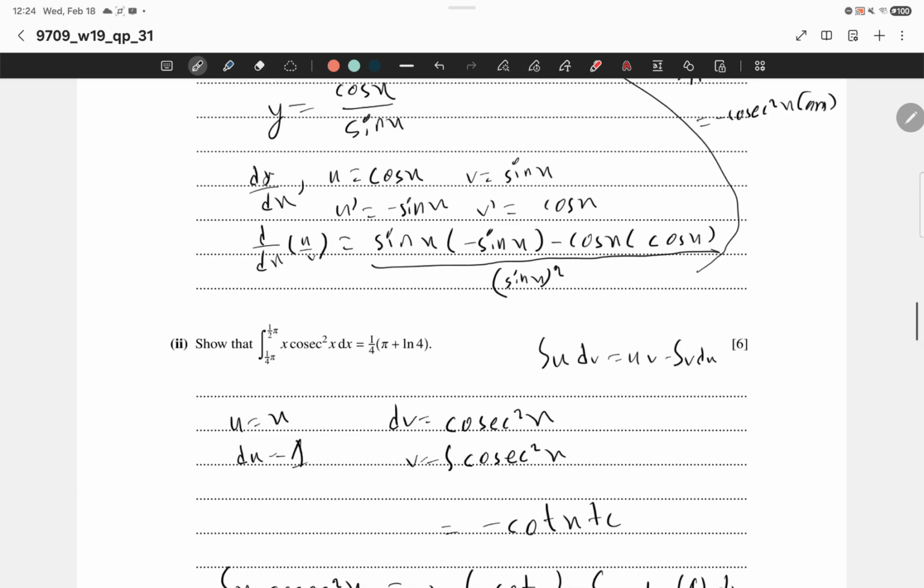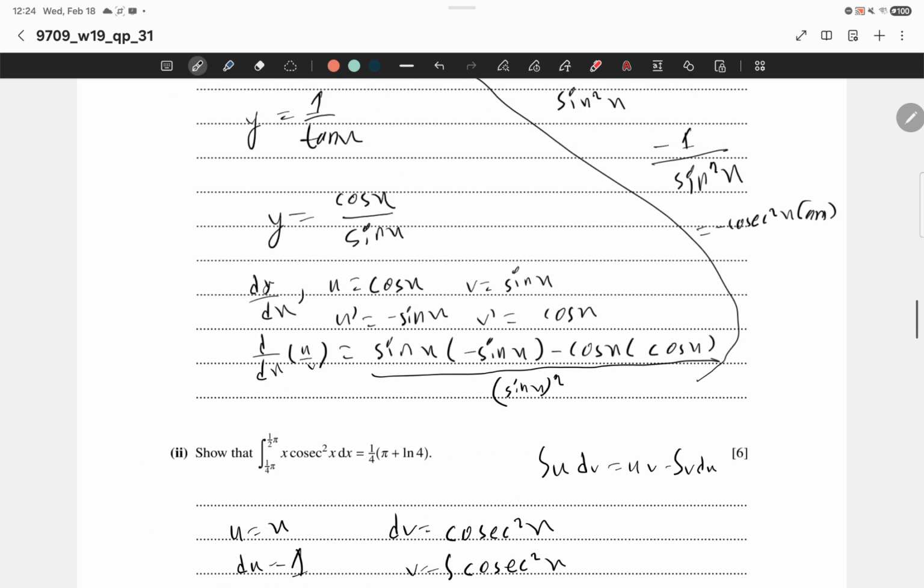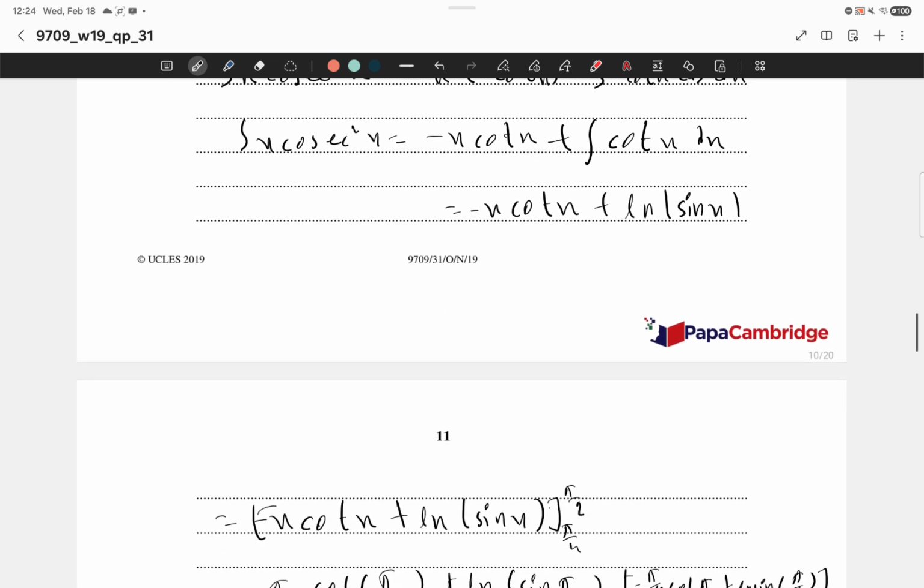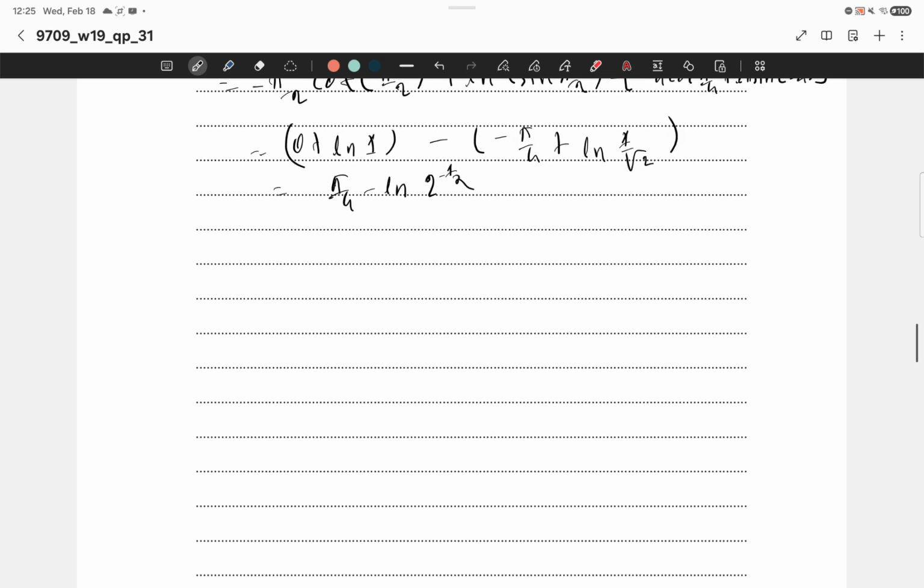Wait, what did they ask for again? 1 by 4 pi plus ln 4. I mean 2 to the power minus half. What is 2 to the power minus half?